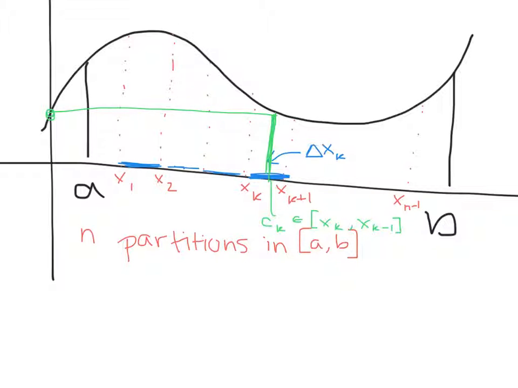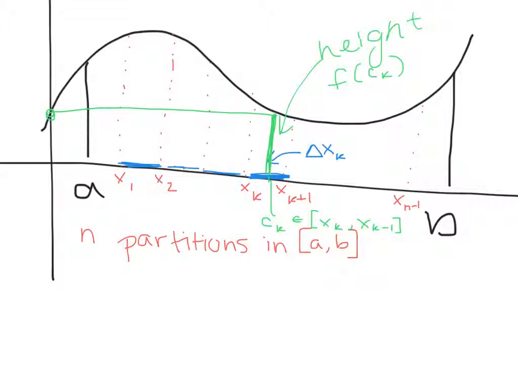In case you haven't seen this notation before, this epsilon means contained in. Okay, it's a lowercase epsilon. Anyways, so you know then that if your x value is c sub k on your x-axis, then the height is based on this function, right? So the actual height of your rectangle is f, your function value at some c of k value.